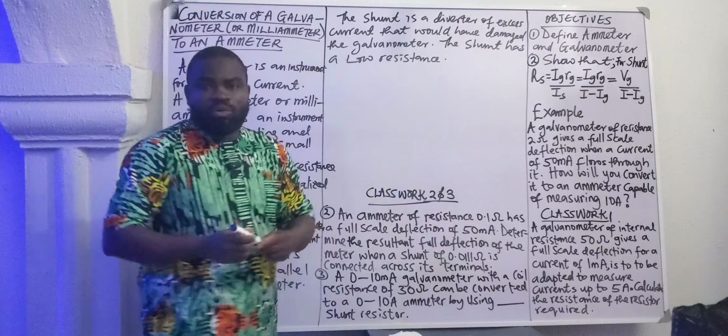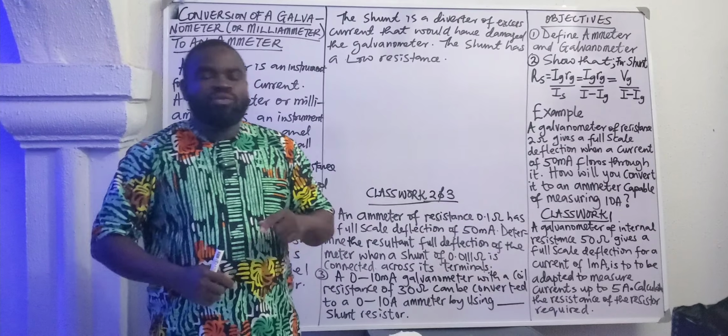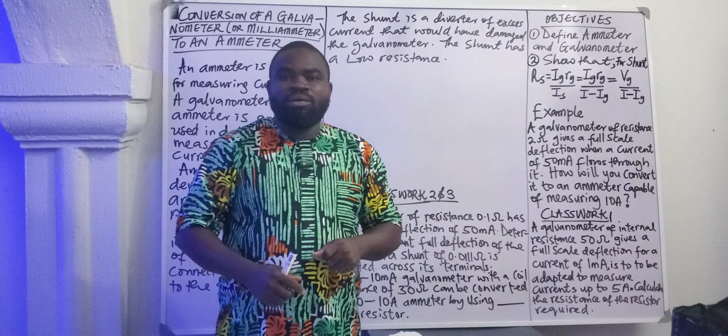Now, what are we aiming to achieve? The issue is, how do we determine the value of the shunt that we need to connect in parallel to the galvanometer to protect it, to make the galvanometer measure a very large amount of current? Otherwise, ordinarily, the galvanometer would not be able to. What am I saying?